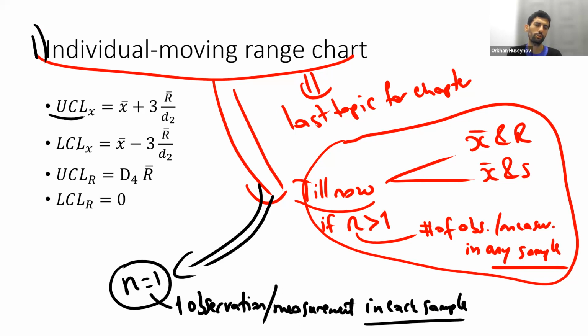We have the upper control limit and lower control limit. This one is for range, and this one is for individual.